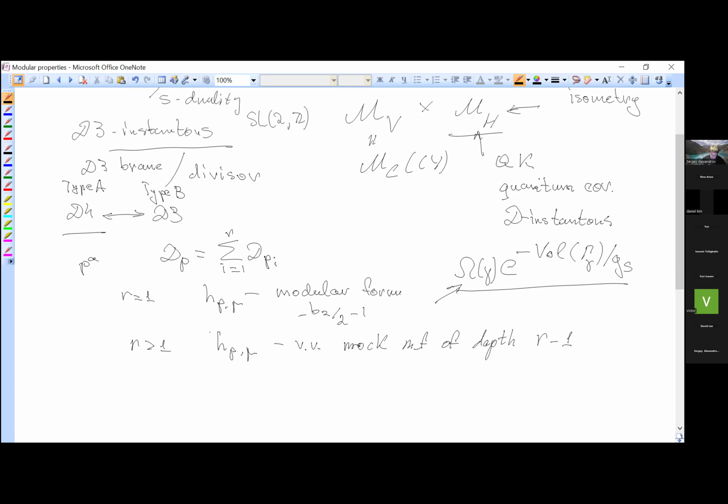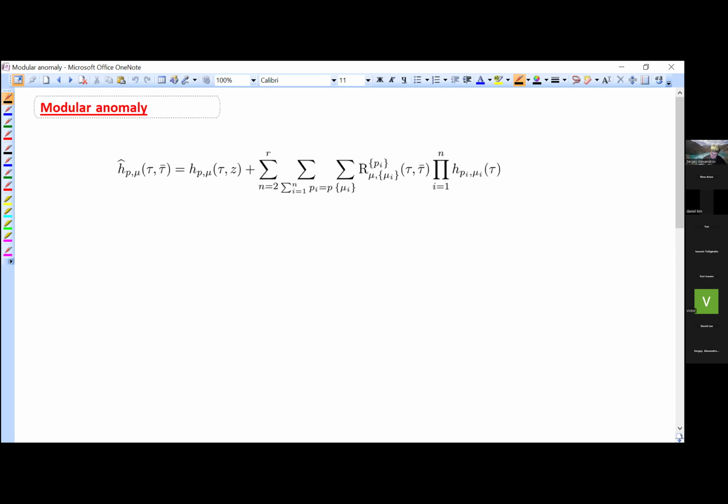And we know the precise modular anomaly equation which it should satisfy. And I just wrote this modular anomaly equation on the next slide. Namely, the modular anomaly equation is expressed as an equation for the modular completion.